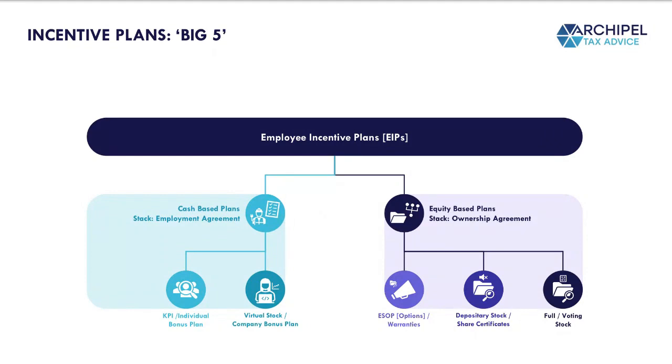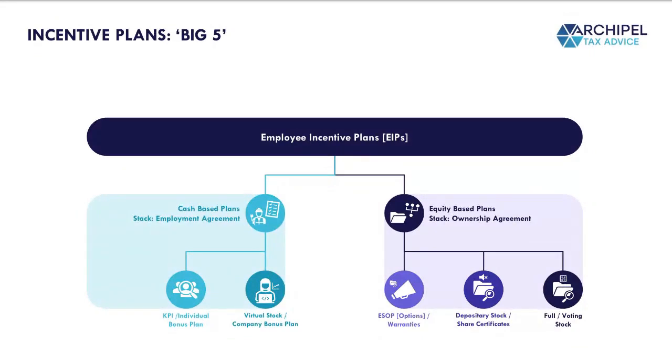Usually it will be a subscription agreement followed by, for instance, a shareholder agreement or a share certificate agreement, whatever needs to be done. If I then look into that branch of this tree, that's the cash-based plans, I see the KPI or individual bonus plan, and I see the virtual stock plan, stock appreciation right, or a company bonus plan, any type of bonus plan that's not necessarily linked to the individual's performance, but mainly linked to company-wide markers.